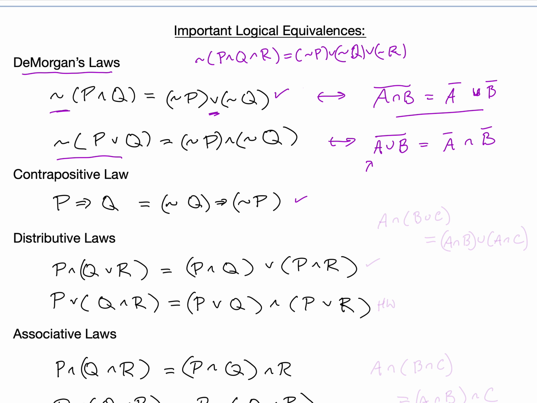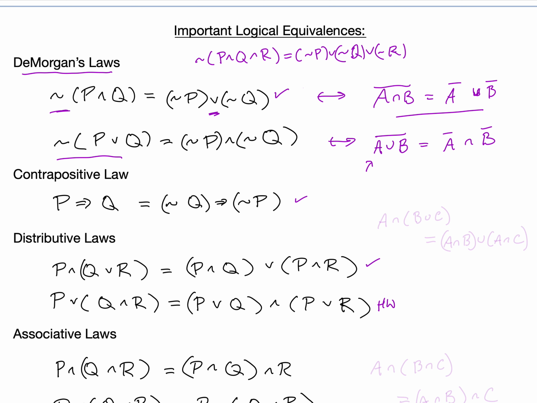The contrapositive law is the first one we talked about at the beginning of this video. And as I said, we'll use it later as a justification for the contrapositive technique of proof. Distributive laws: P and (Q or R) is the same as (P and Q) or (P and R). We did this one above, and then the other one is going to be a homework assignment, showing that P or (Q and R) is the same as (P or Q) and (P or R).